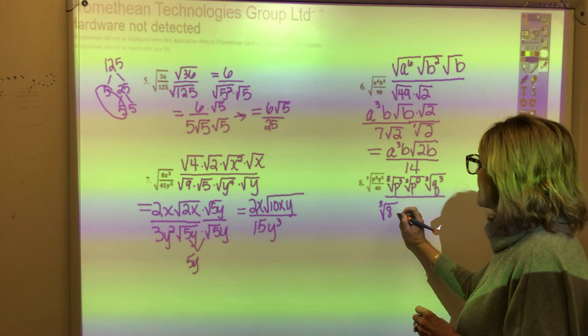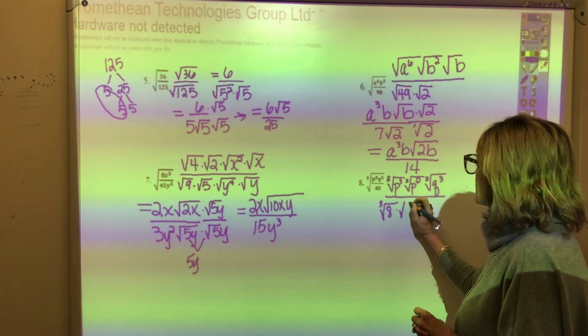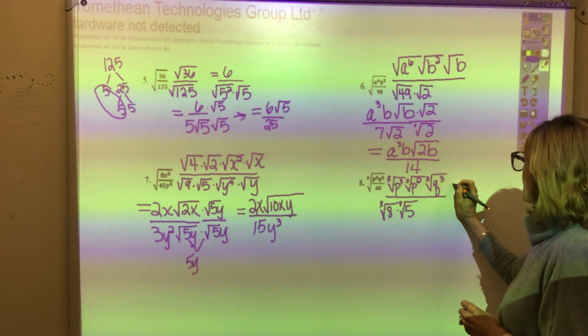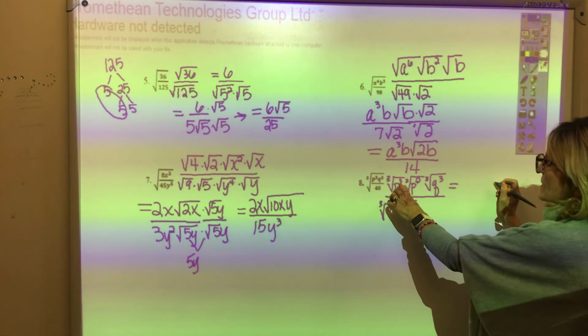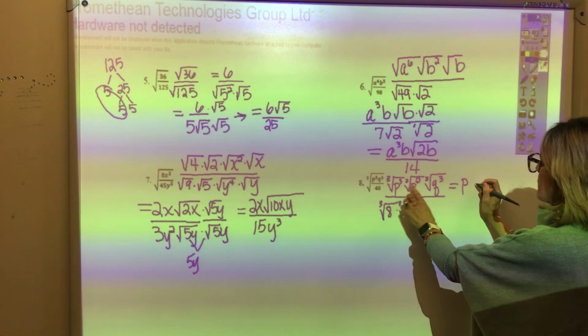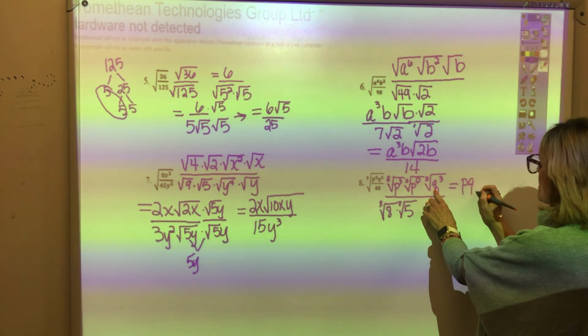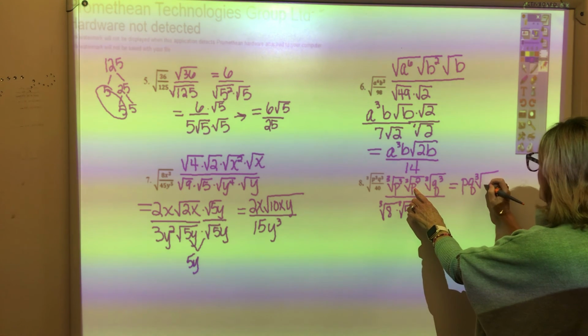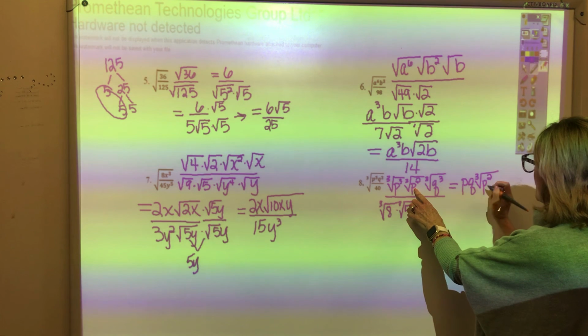So we'd have the cubed root of 8 times the cubed root of 5. So in our numerator, 3 divided by 3 would be 1, so we would have p, and we would also have q, and we'd have cubed root of p squared.